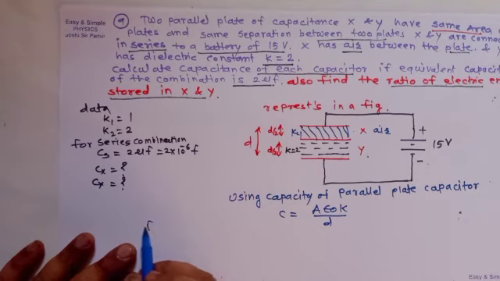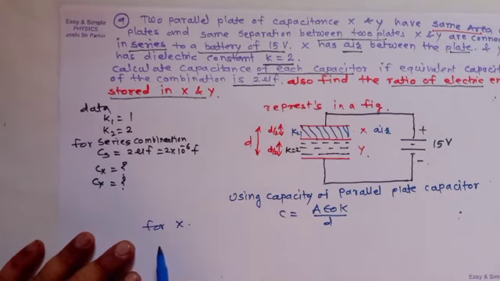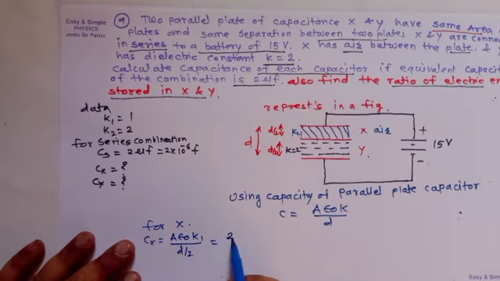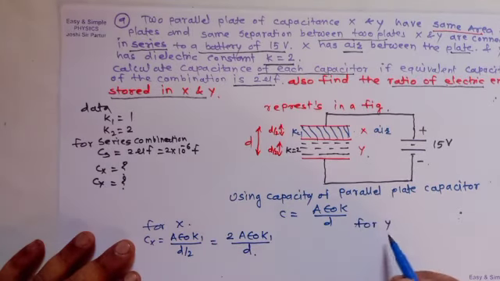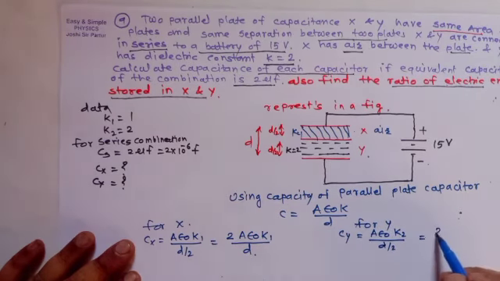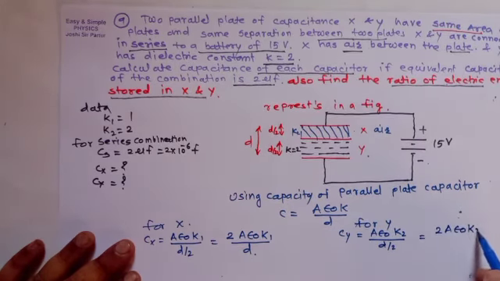Here for X, Cx is equal to A epsilon 0 K1 upon d upon 2, that is 2 times A epsilon 0 K1 upon d. For Y, Cy is equal to A epsilon 0 K2 upon d upon 2, means 2 times A epsilon 0 K2 upon d.